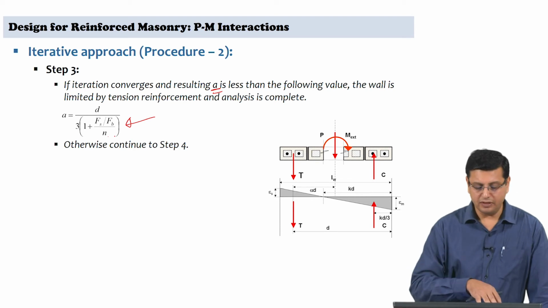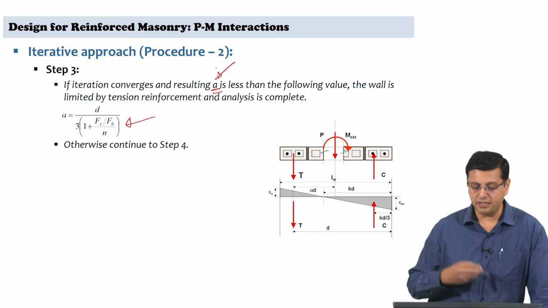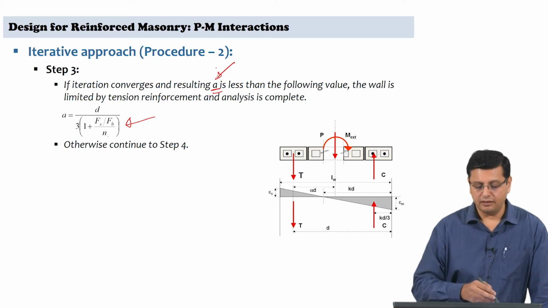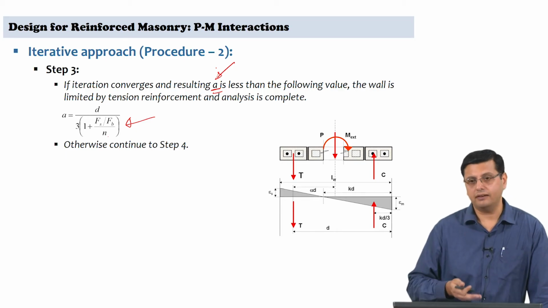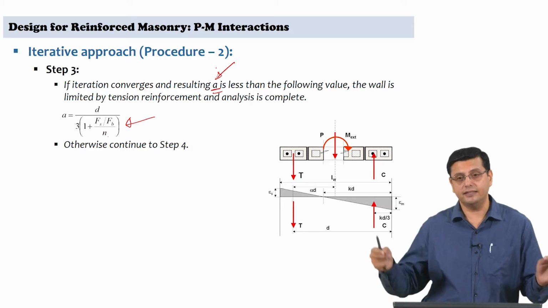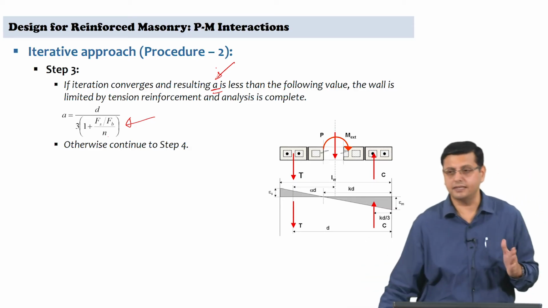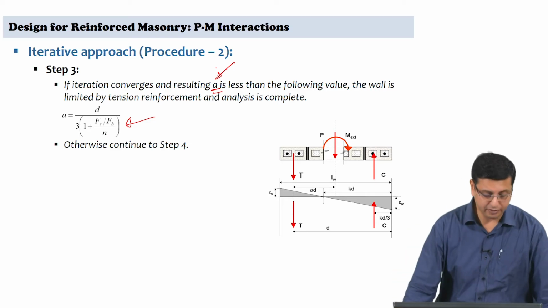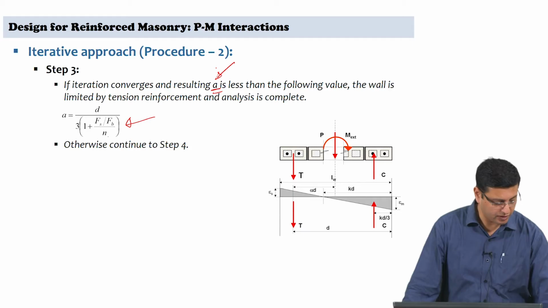In case the value of A that you have estimated by the procedure of convergence is greater than the limiting value of A, then the limiting value of A is the value limited by the stress in steel divided by the stress in the masonry under flexural compression.